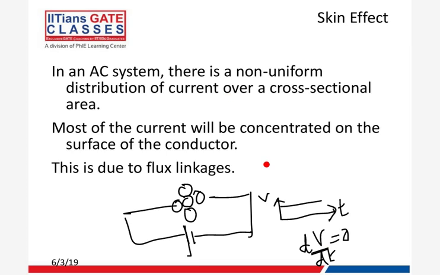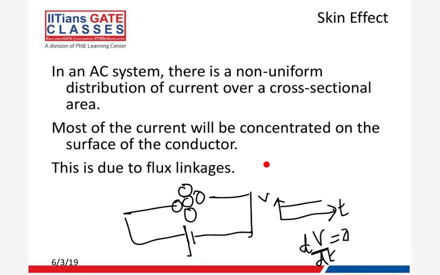In case of AC, since the voltage is varying, there will be magnetic flux linkages. The magnetic flux linkage is non-uniform from the center of the conductor towards the surface.